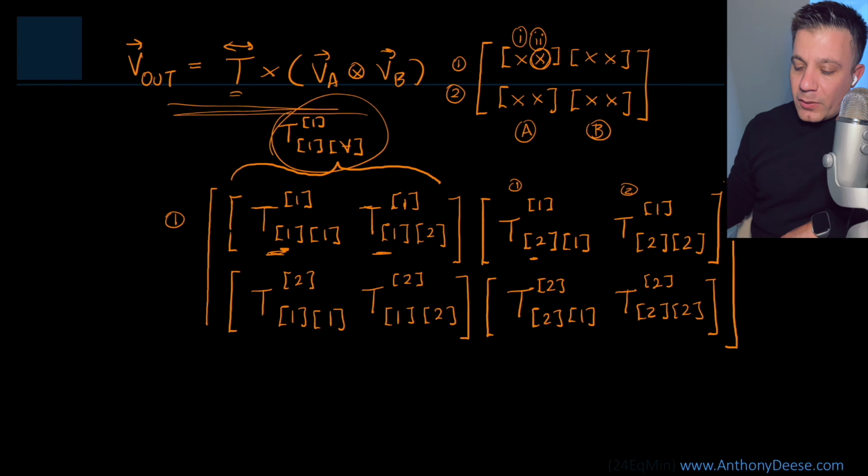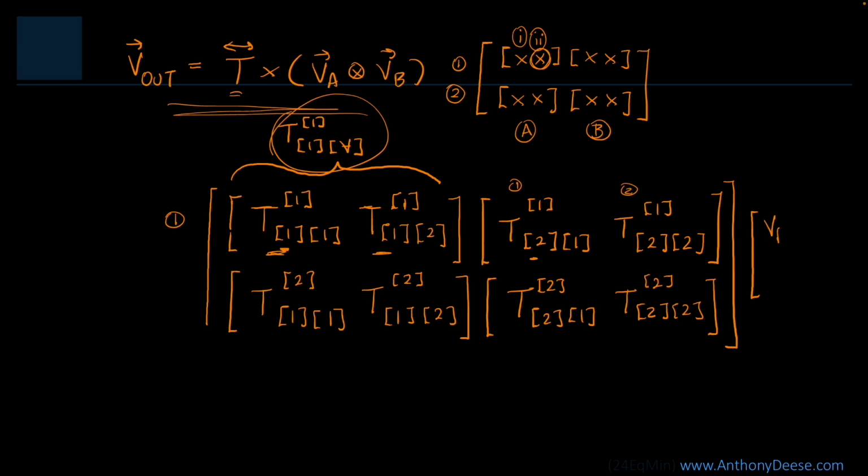Okay, so now let's go back to our multiplication. So we're multiplying this, and I'm going to leave out the symbols because I'm really running low on space. Okay, VA1, VA2. Shoot, just barely not going to have enough space.